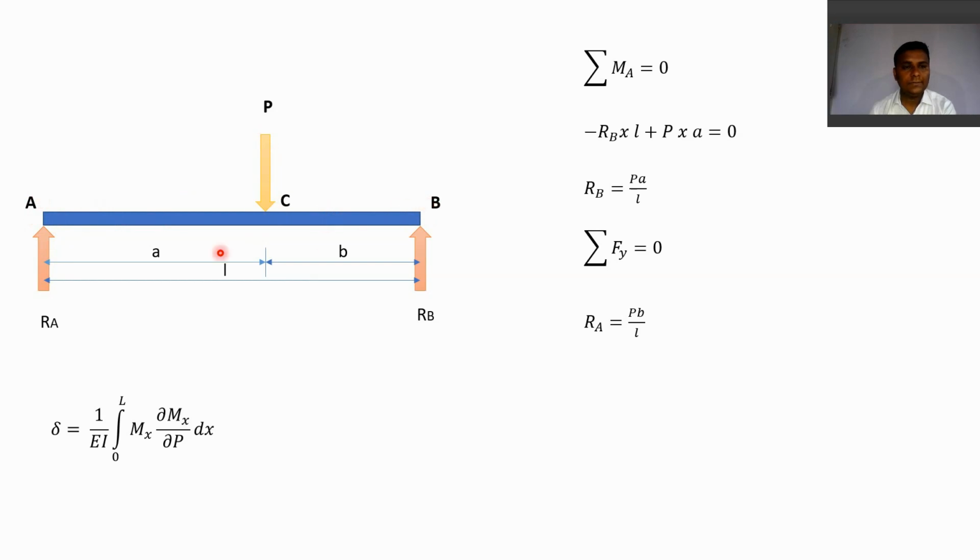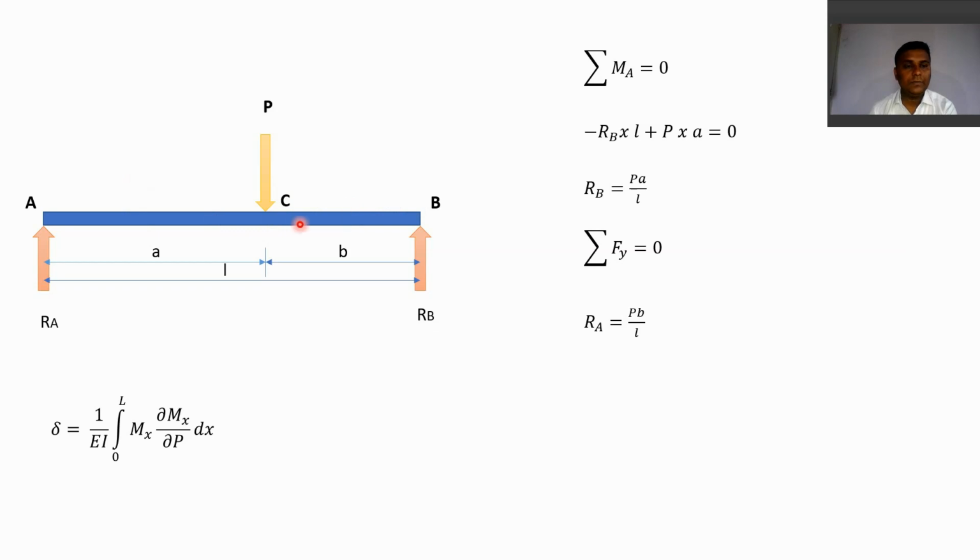In this case we will categorize this beam into two parts, that is part AC and part CB. For part AC, we will get the equation of bending moment separately, and for part CB we will get the equation of bending moment separately.